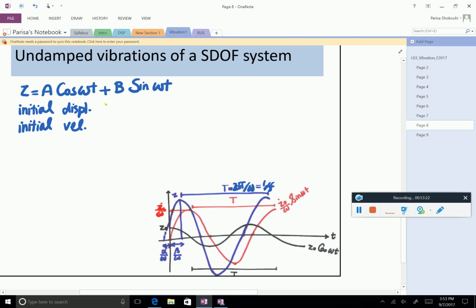So initial displacement, let's call it z0. That means z at time equal to 0. And initial velocity, I use dot for derivative with respect to time. So it is z dot at time equal to 0.